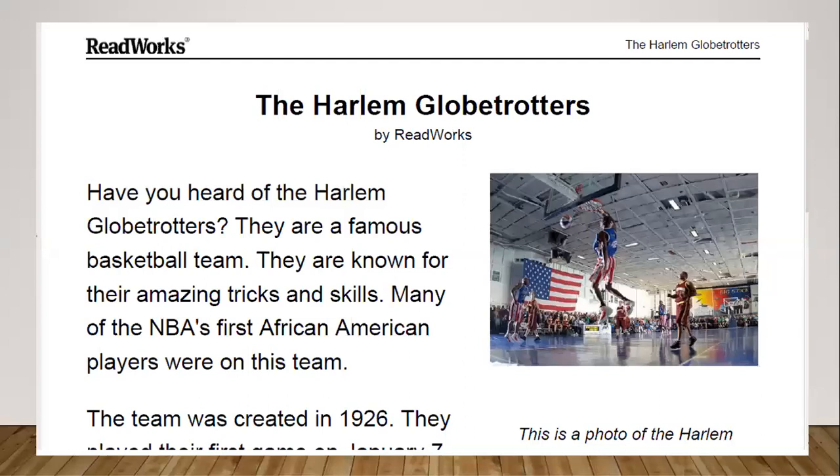All right, I'm going to model and show you how to use this strategy. We're going to start with the Harlem Globetrotters as one of the passages that we'll read today. I'm going to read it and demonstrate how you do use this strategy.